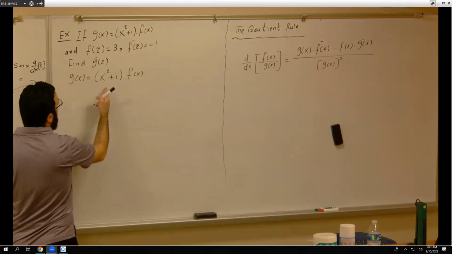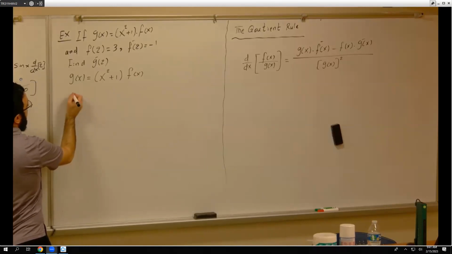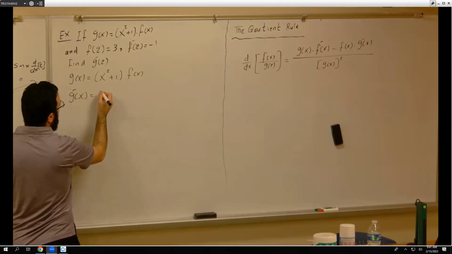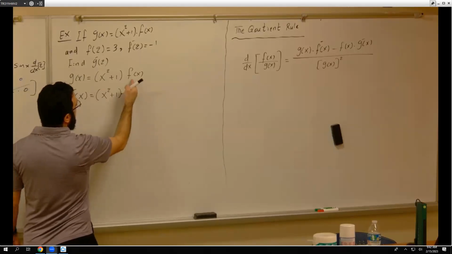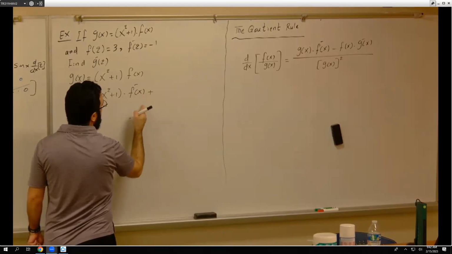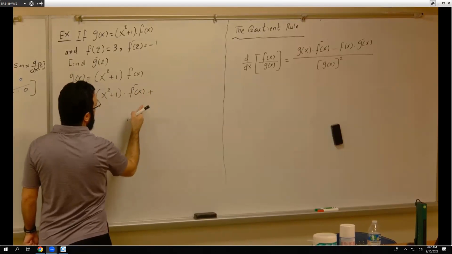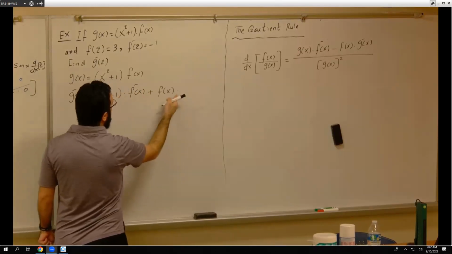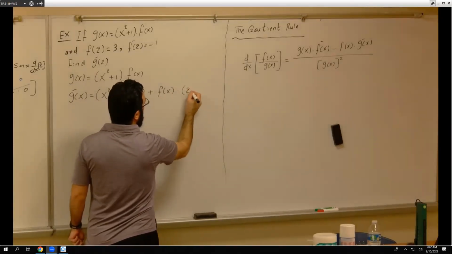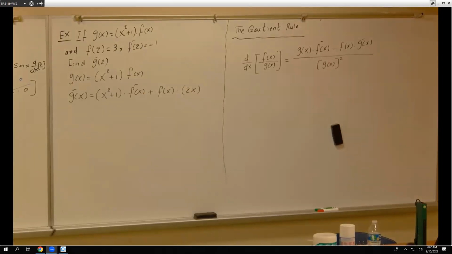So now, to find the derivative, it's going to be the first function, which is x squared plus 1, times the derivative for the second one, plus the second one, which is f of x, times the derivative for the first one, which is 2x. I'm using the product rule between two functions.